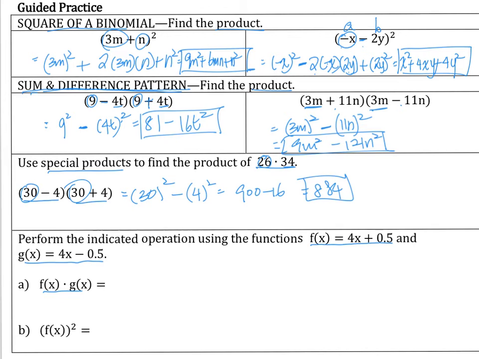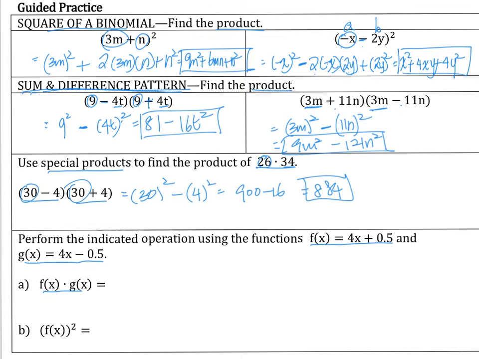Now we can see a pattern here again and use the sum and difference to simplify this. So 4x squared minus 0.5 squared. And this makes 16x squared minus 0.25.